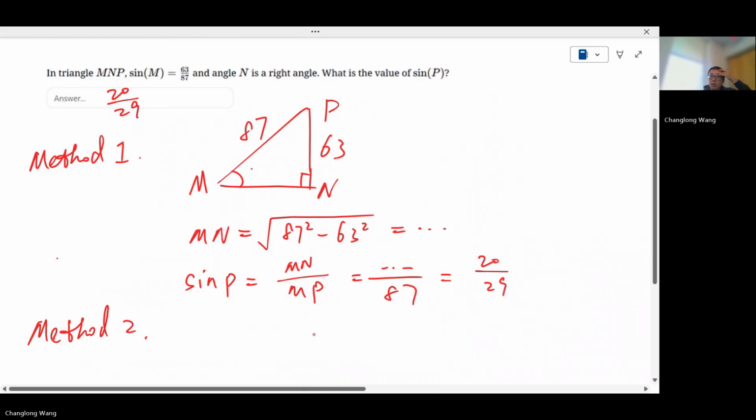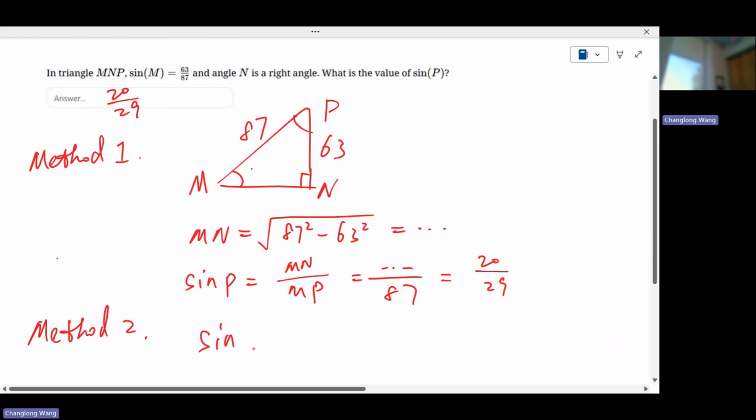So what is the relation between angle M and angle P? These two angles are called what kind of angles? Complementary angles. Yeah, M and P, complementary. So now, what is the most important identity you should know about complementary angles in trig?